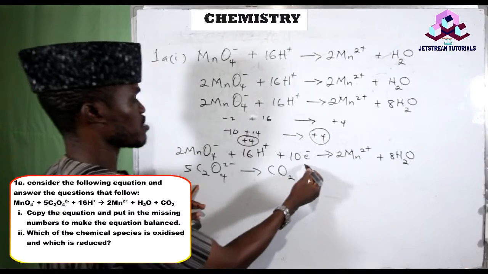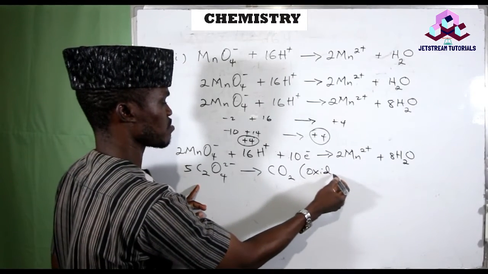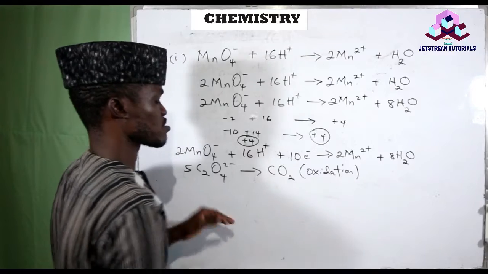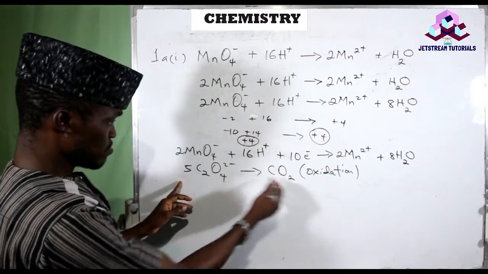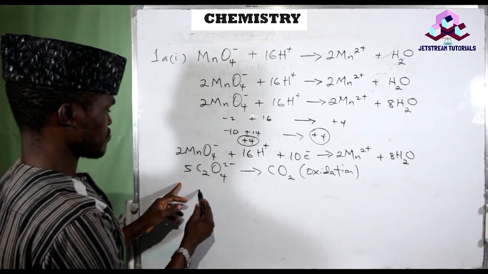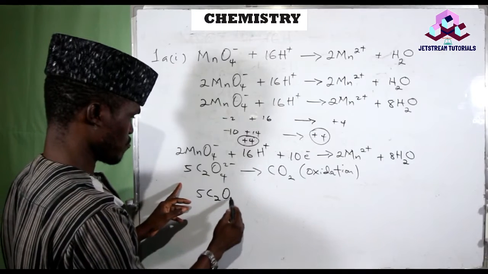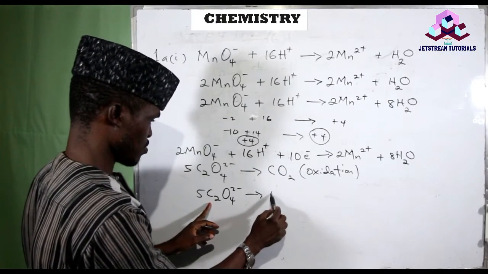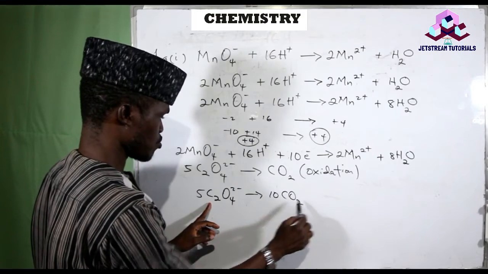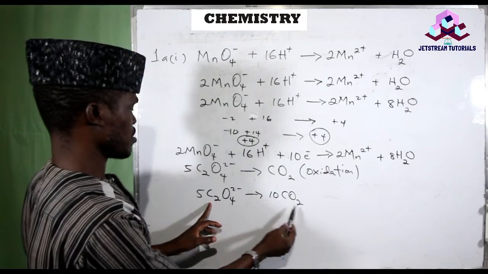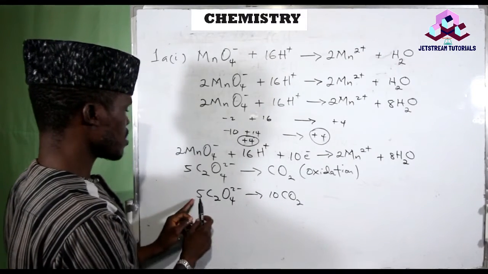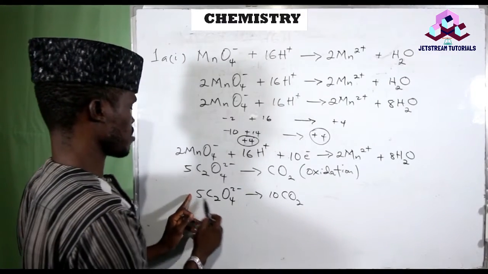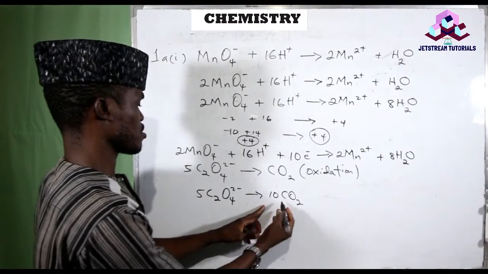Now, this particular reaction, as I told you, is oxidation, which involves losing of electrons. In order to balance this, we have 5 C2O4 2 minus, giving us 10 CO2, so that our oxygen is going to be 20 here and 20 here, and carbon is going to be 10 here and 10 here.